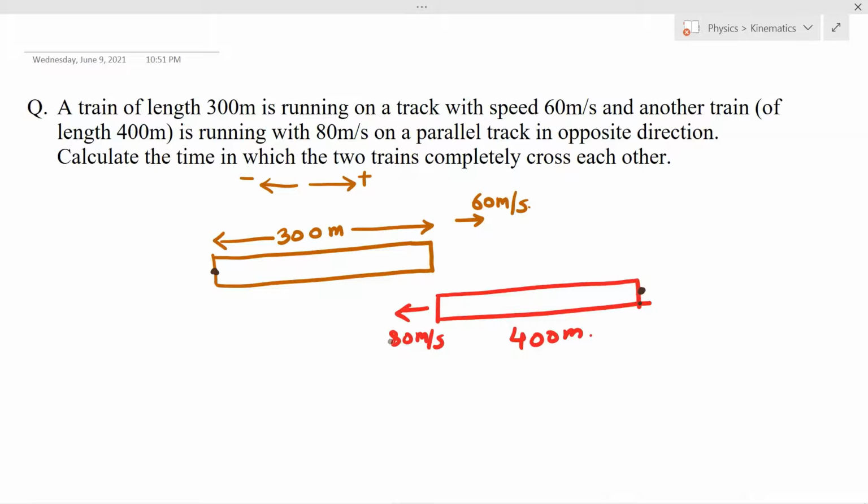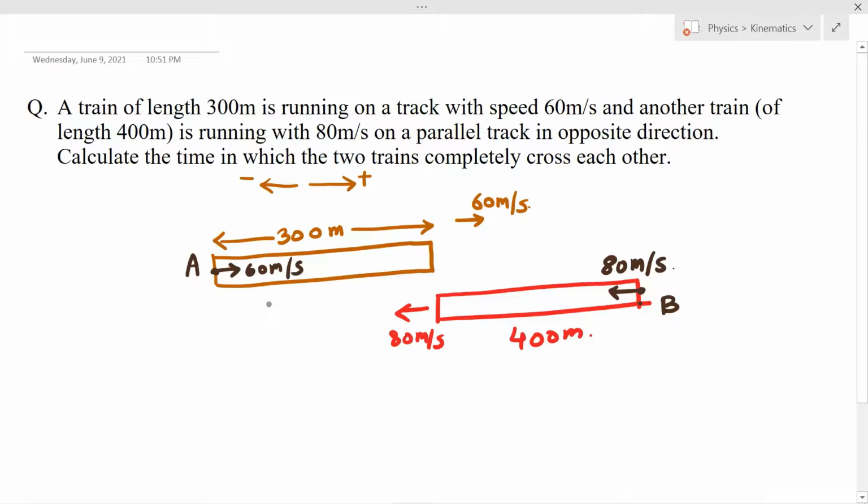So now, let's say this is point A and this is point B. Point A has a velocity 60 meter per second towards right because it is given, and point B has the velocity 80 meter per second towards left, because the train itself is moving with 80 meter per second velocity. When these two points meet, the trains will have crossed.